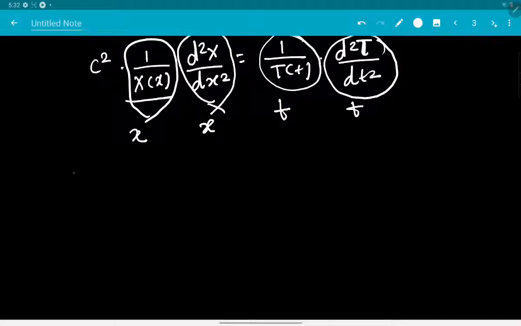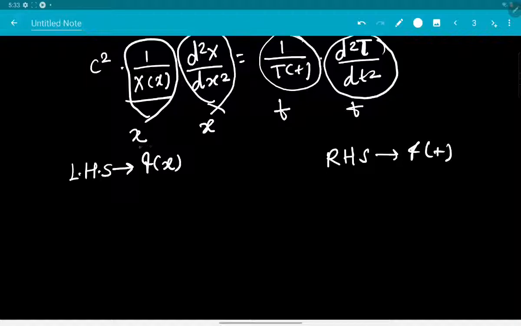So LHS is a function of x alone, RHS is a function of time alone, and you are saying that these two are always equal. Okay, for all space and time this equality holds. So this equal to sign is true for all space and all time.